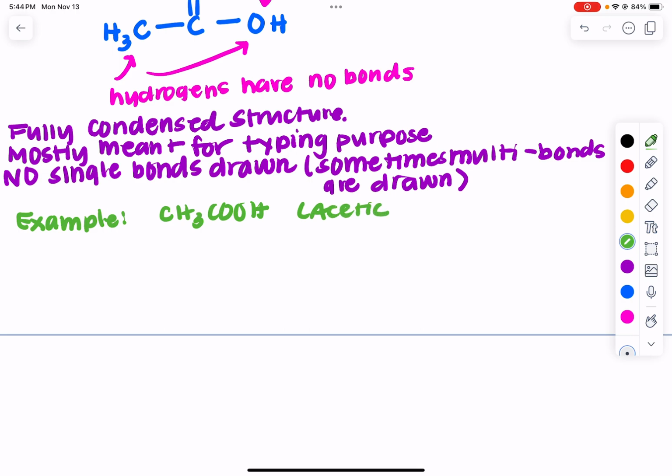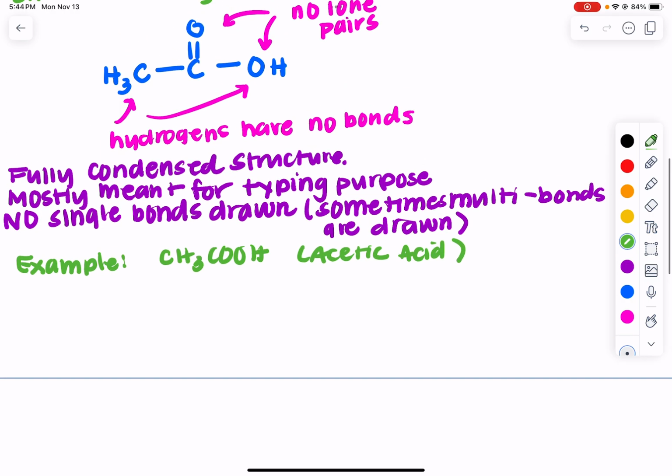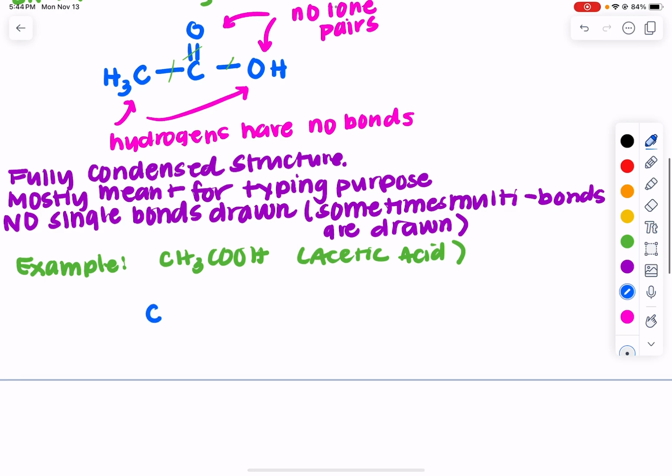If we take out all the bonds in this partially condensed structure, and we kind of go in order of where the atoms are, we have a CH3 on one side, a C, two O's, and an H. Okay.